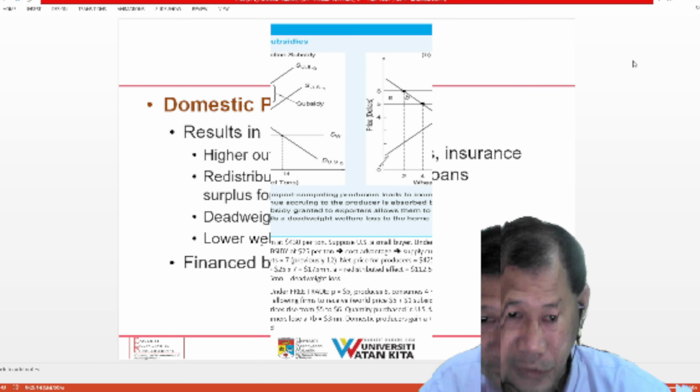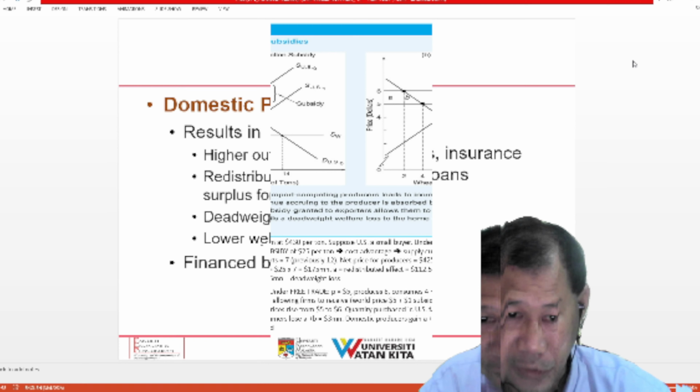Actually, subsidy incurs lower welfare loss than a tariff or quota. Remember, tariff and quota are equivalent, the impact.